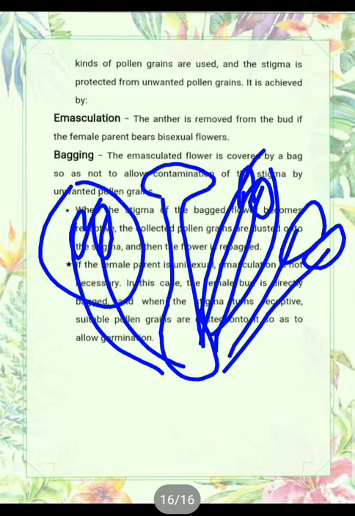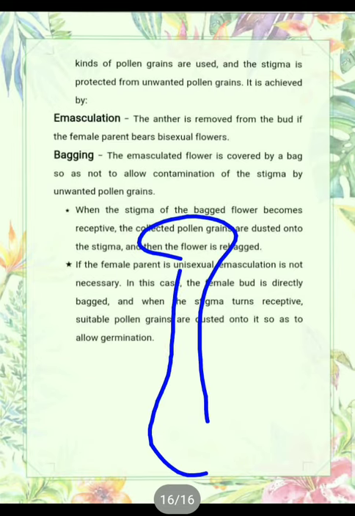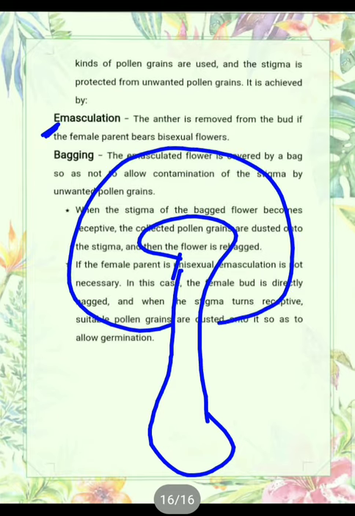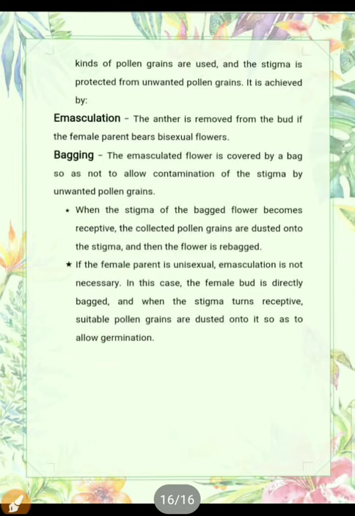These anthers are cut with the help of scissors or anything, and after that the stigma, this one is the stigma. The cutting process is known as emasculation, and after that the stigma is covered by a bag-like structure, so that no pollen grains can enter that area. This process is known as bagging.